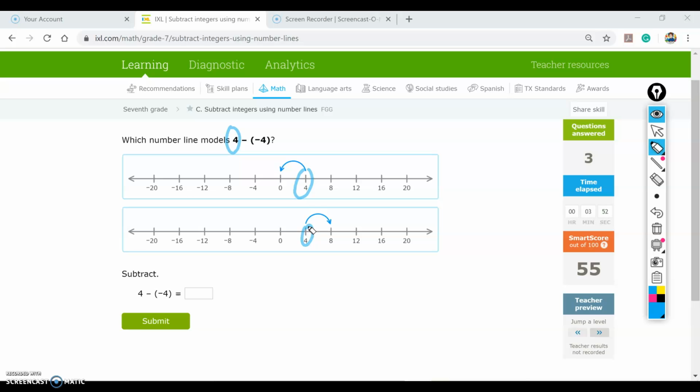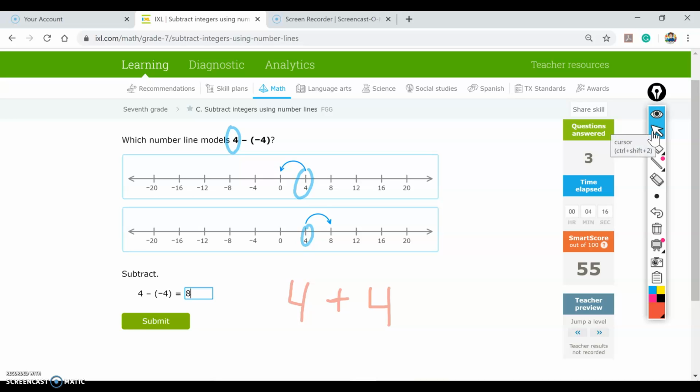Now you need to remember what happens when you have two negatives together. A negative and a negative is equal to a positive. So basically you would have 4 plus 4. We know that 4 plus 4 is 8. So 4 plus 4 is 8.